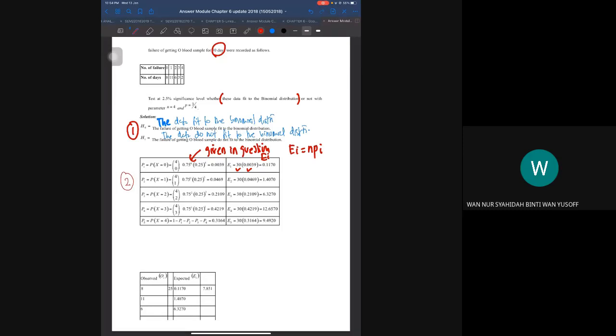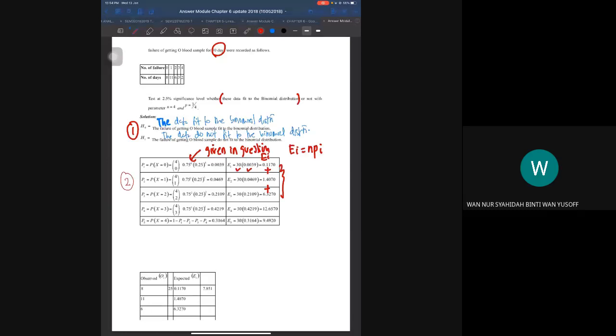Okay, so we combine first E1 and E2. But still, your E is less than 5, so combine again with the next category. And then after that, your E is greater than 5. So these three combine, which means that we combine three categories here.